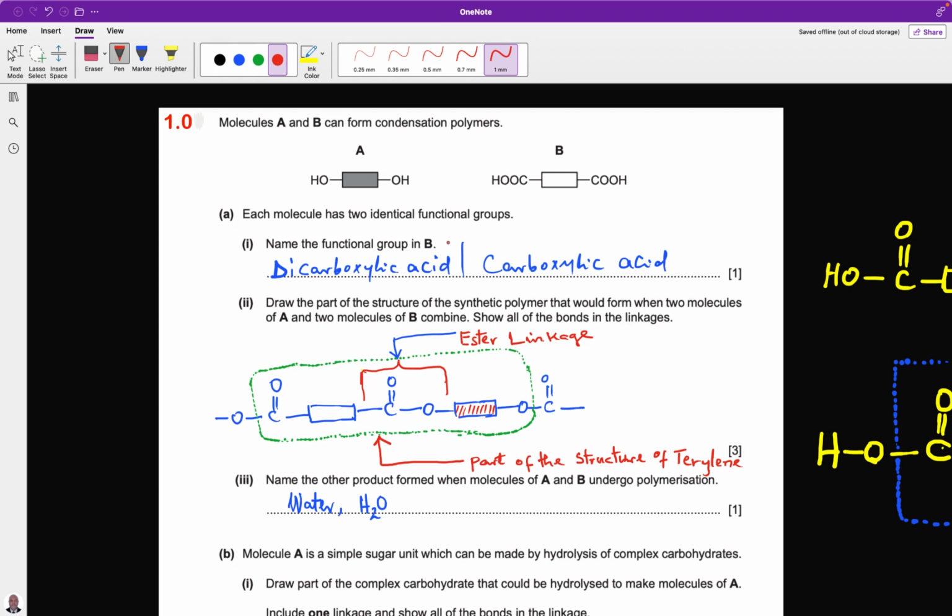Examples of functional groups involved in a condensation reaction are the OH group, which we have just seen there, a COOH group, that is the acid group, which is still there. There is also an NH2 group, that is an amine group.